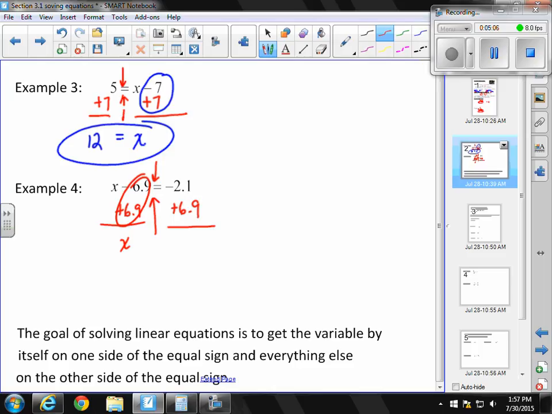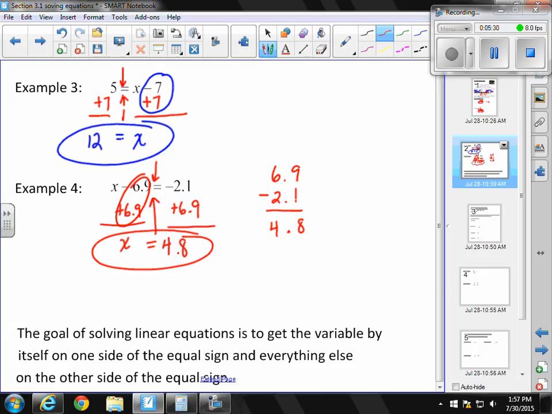So I have x equals, and now when you're doing positives and negatives, oftentimes it helps to put the bigger number on the top, and this is a positive 6.9 minus 2.1. 9 minus 1 is 8, and I keep my decimal points in line. 6 minus 2 is positive 4, so we wind up with x equals 4.8.